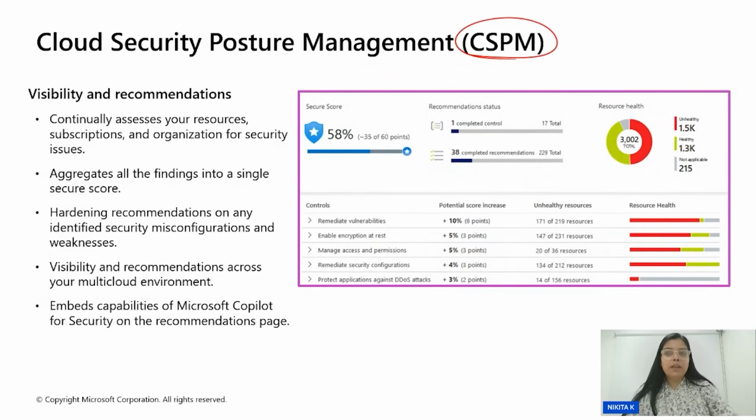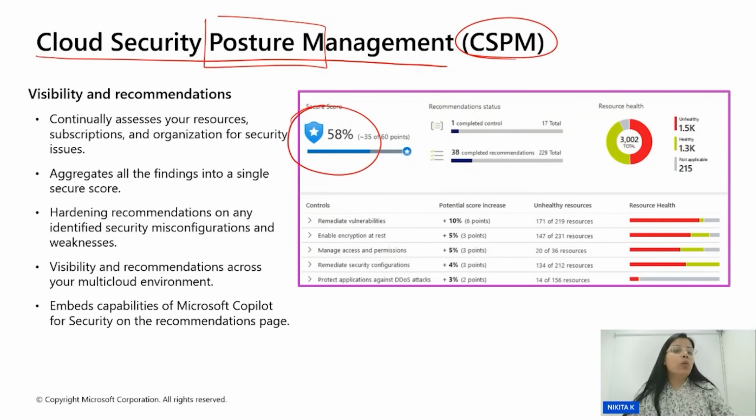Next is your CSPM, Cloud Security Posture Management. It gives recommendations on how you can improve your posture, continuously assessing your resources, and accordingly it will generate the score. After fulfilling all your recommendations, you can improve your secure score. Let's say right now it's 58%. If I have followed two recommendations, it can go to 60% or 70% as well. It considers your misconfigurations and all your weaknesses.